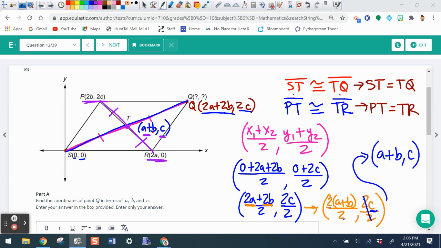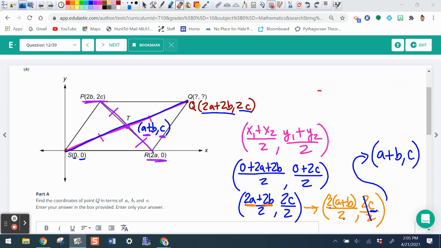So I'm going to erase some things so I can have some room. So we already know what the midpoint formula is. So I'm going to now add my x's, a and b, and put that over 2, and 0 plus 2c.